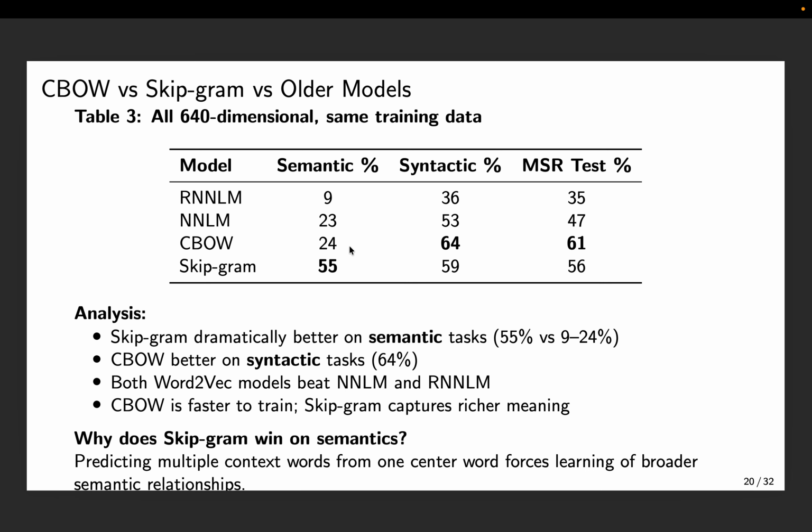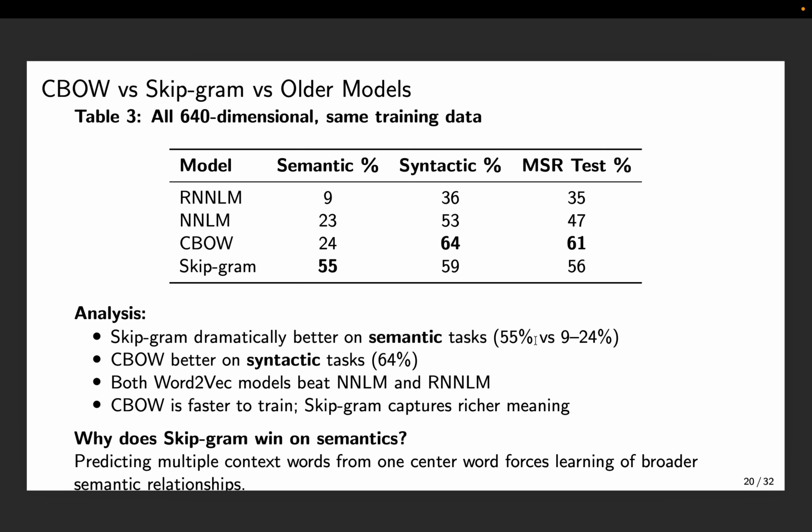Skip-gram has 55% semantic, 59% syntactic, which is a massive jump on semantics. This is striking, as skip-gram gets 55% on semantic tasks, more than double the NNLM's 23%, and more than 6 times the RNNLM's 9%. And why does skip-gram excel at semantic tasks?